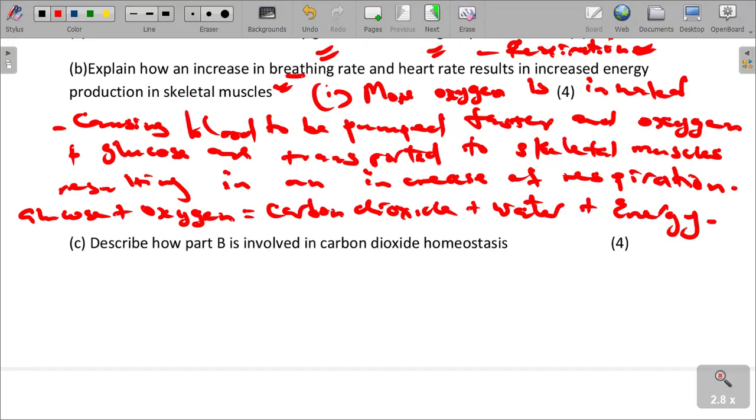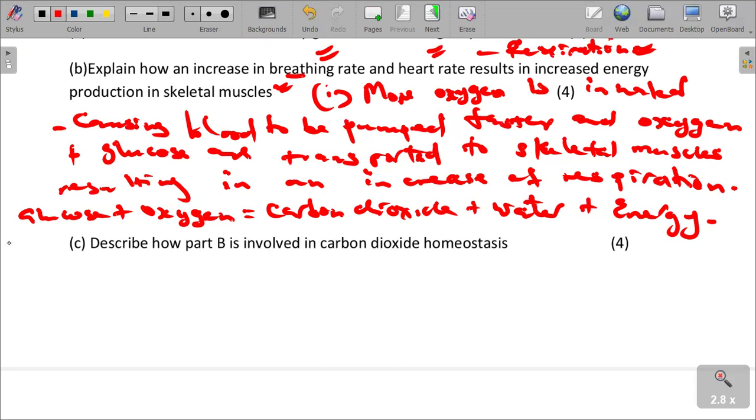This is the summation of the analysis: glucose is metabolized because of an increase in oxygen. Therefore, more energy is produced and carbon dioxide is also given out.